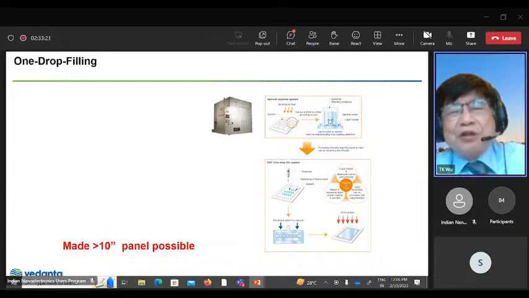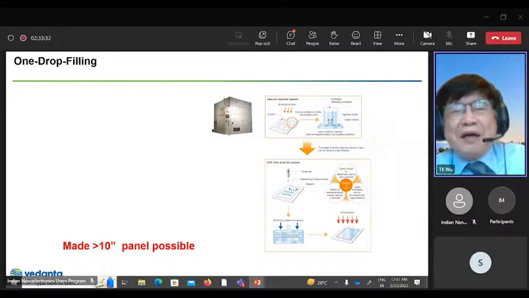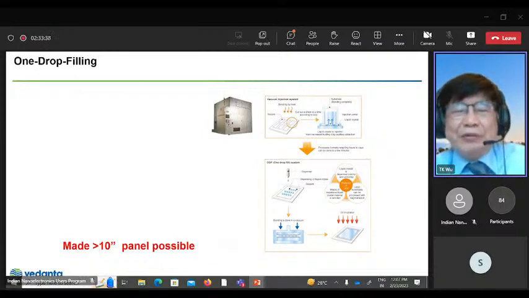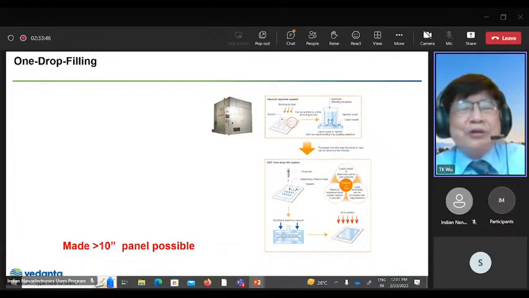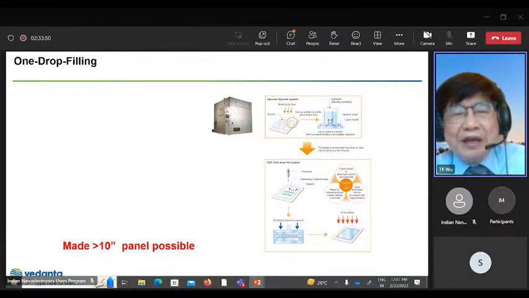The major functional group in early-stage liquid crystal was cyanide, CN. With such material, the bond will be broken when it receives UV radiation. Now we replace the cyanide functional group with fluoride. Now we have a new kind of fluoride liquid crystal. Then these three things put together make ODF possible.